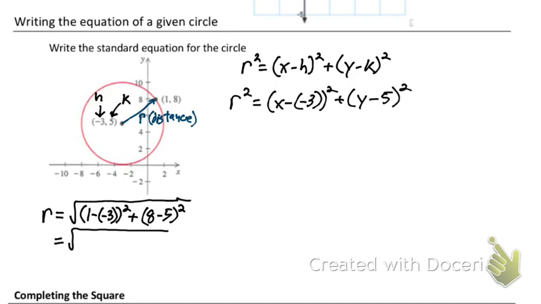We're going to have 1 plus 3, so that's 4 squared, plus 8 minus 5, which is 3 squared. 4 squared is 16, plus 9 would be the square root of 25. That means our r equals 5. Our radius equals 5.